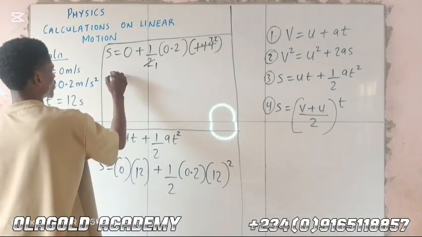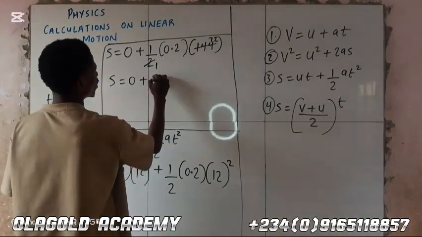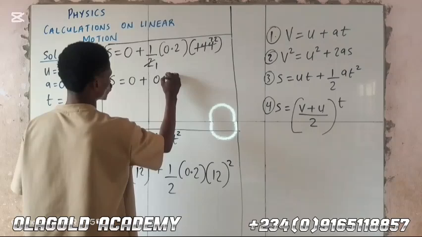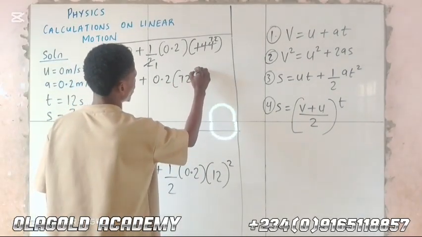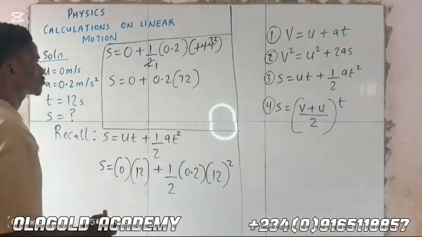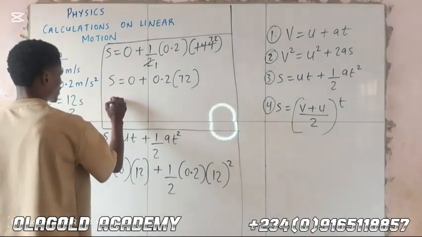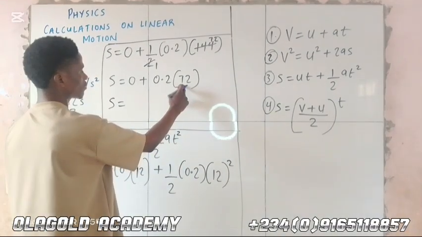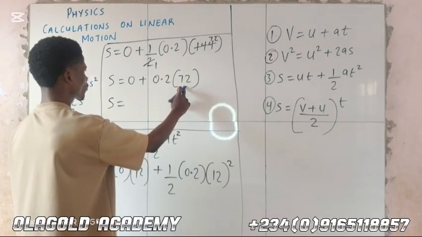So I have my distance equal to 0 plus 1 times 0.2, which gives me 0.2 multiplied by 72. Finally, 0.2 times 72 gives me 14.4.